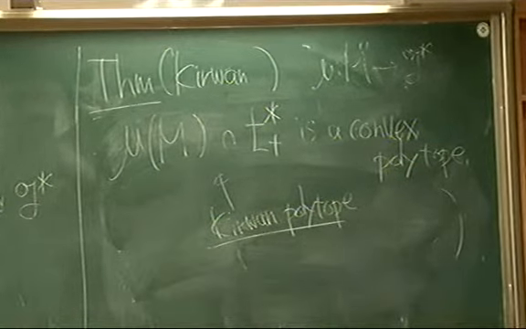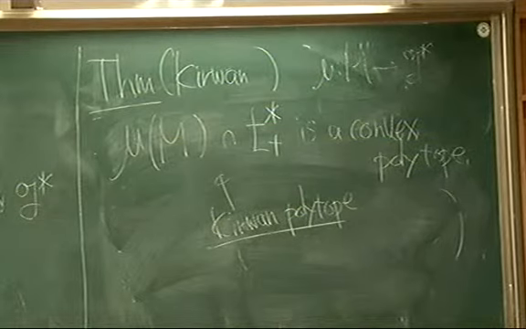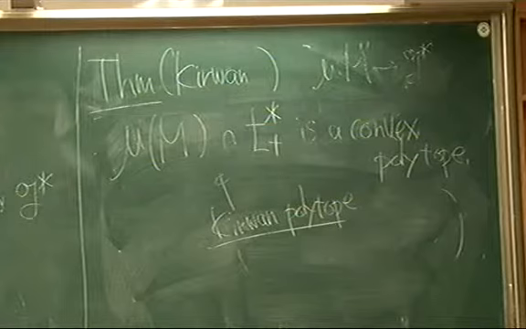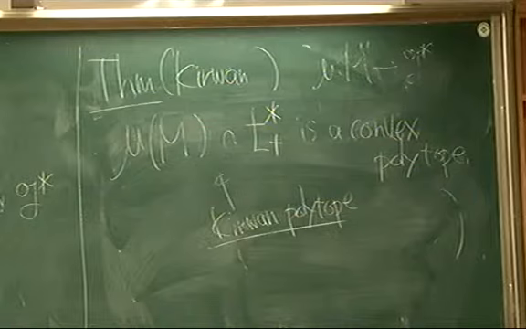Let me explain this theorem with the previous example. Because CP2 is a co-adjoint orbit of SU3, if we consider the full symmetry of the co-adjoint orbit, the moment polytope is always just a point.